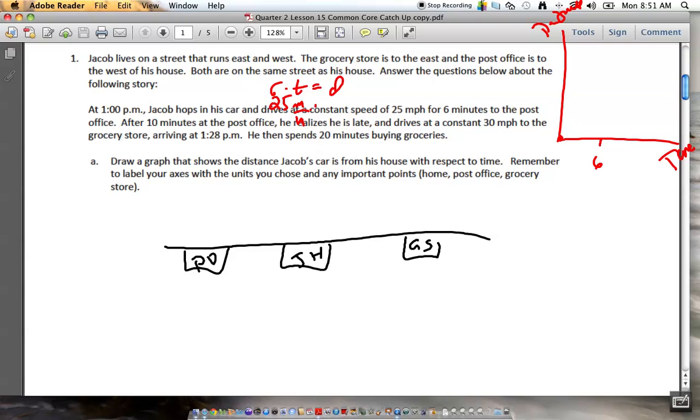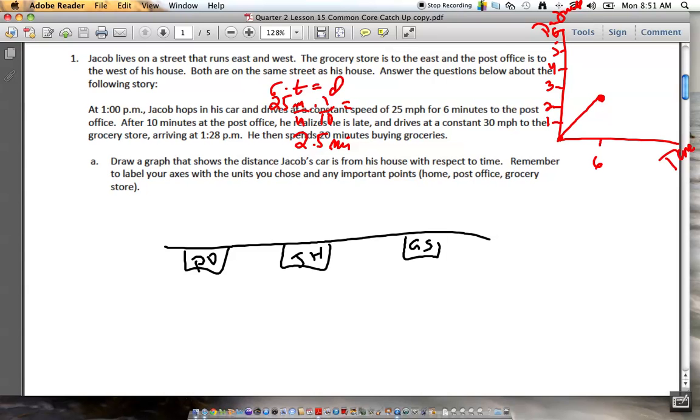Now here's the catch. You ready? 6 minutes is what part of an hour? 1/10, right? So I have to do that times 1/10. And that would give me 2.5 miles. So after 6 minutes, if this is 1, 2, 3, 4, 5, 6, we're at 2.5 after 6 minutes. And it's a constant rate, so that means it's a straight line.